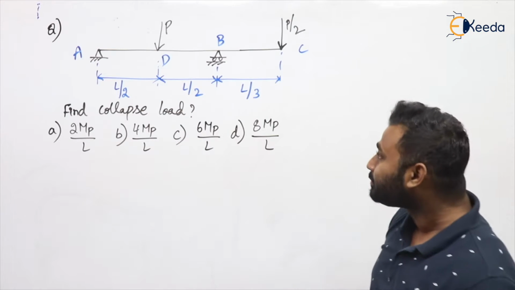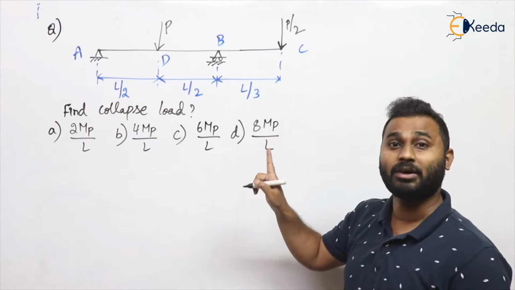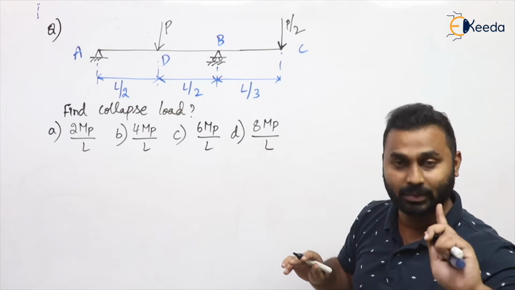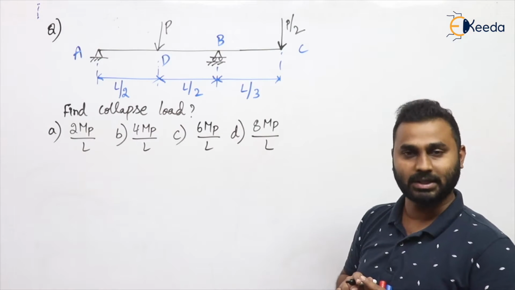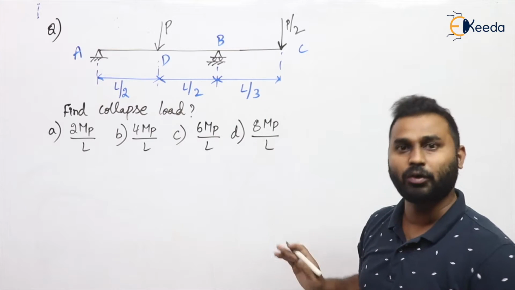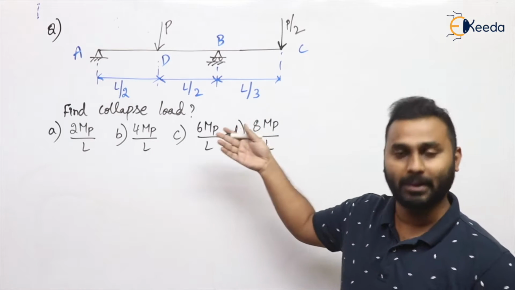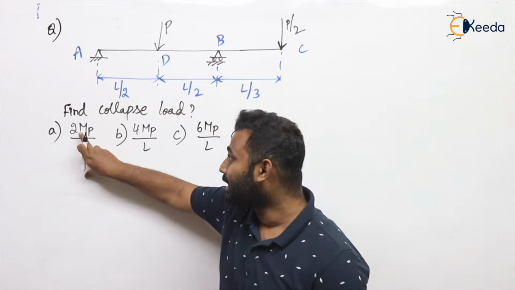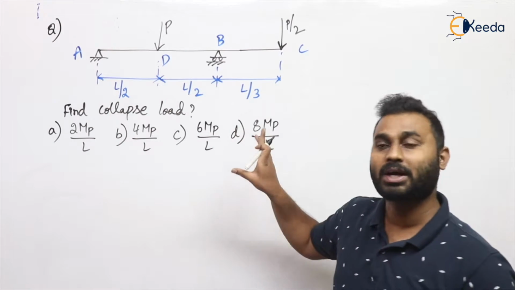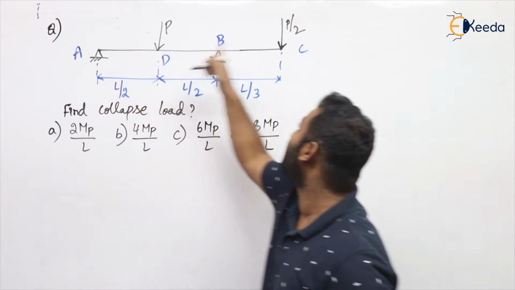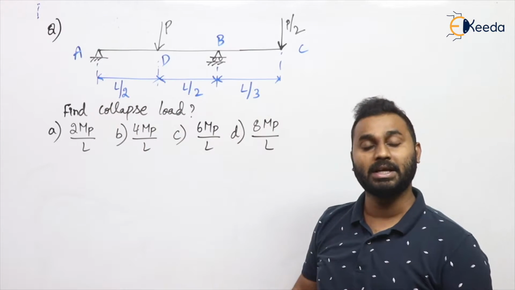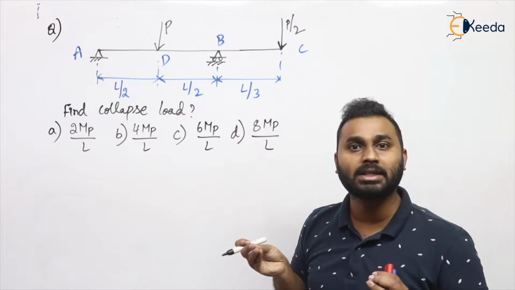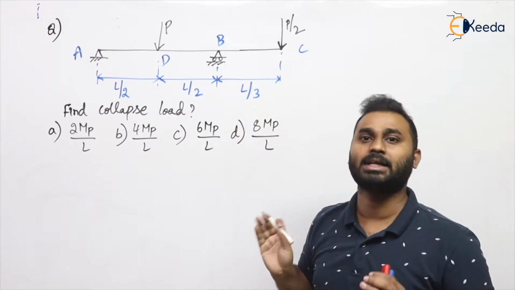Clear, everyone? But if you observe, nothing was mentioned related to the plastic moment carrying capacity of the given span. Therefore, assume it as MP. The reason we assume MP is that in every option MP is there. So consider the total span AC as having the same plastic moment carrying capacity, that is MP.